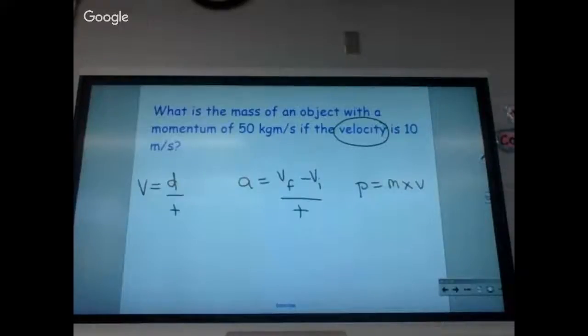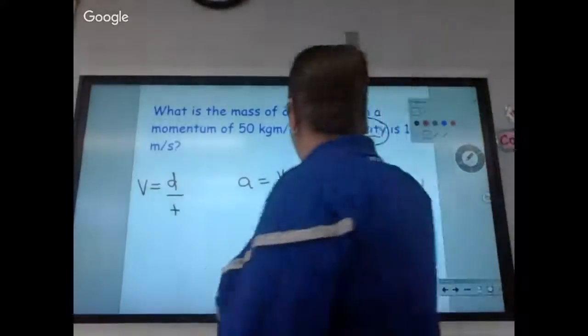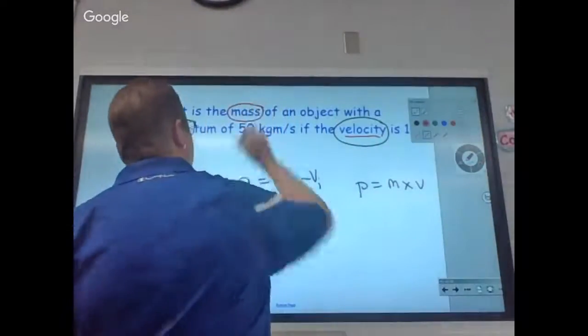Okay, so velocity is not the key word. What is the key word in the question that says to you, that's the formula I want? Momentum. Okay? Now, you could have said mass because you recognized it had velocity and it had mass.